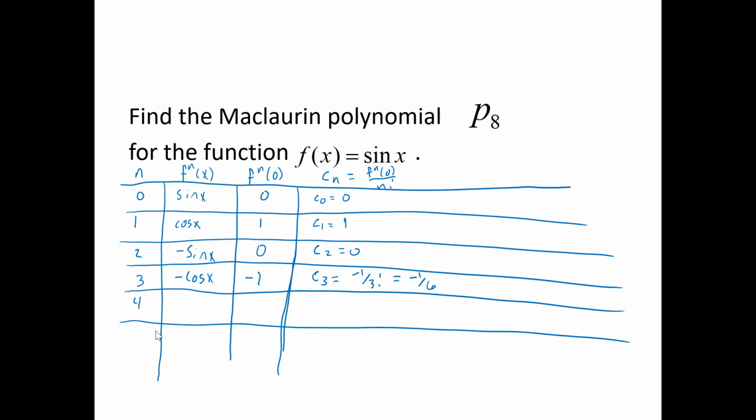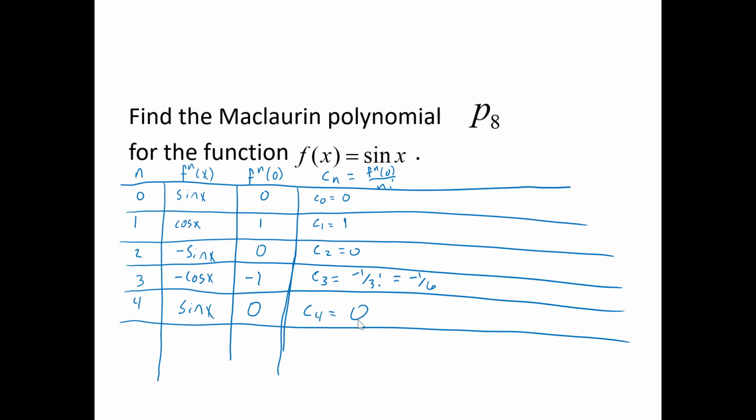When n is 4, the derivative of the negative cosine is the sine of x. Evaluate that at 0 and you get 0, and C4 is 0.